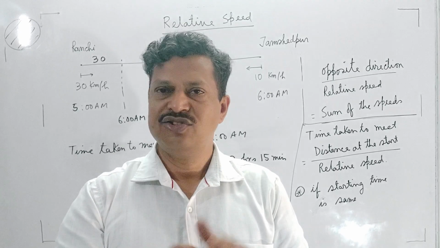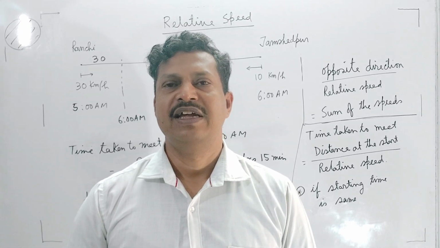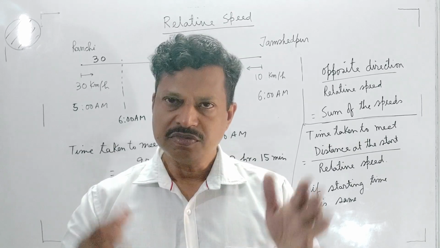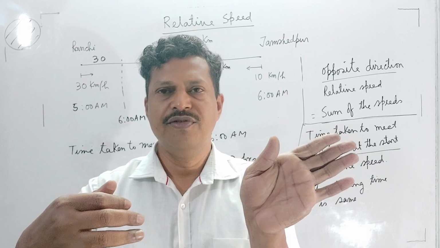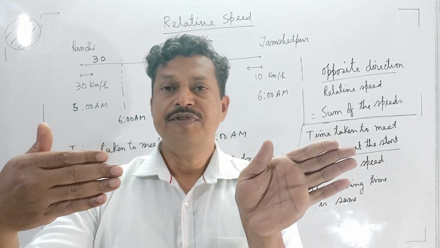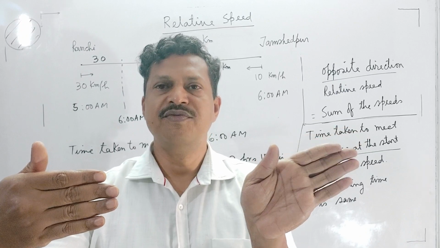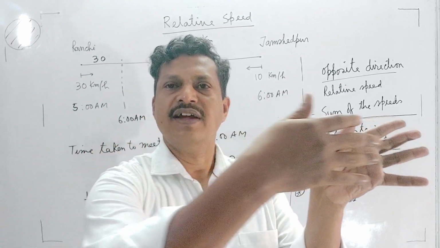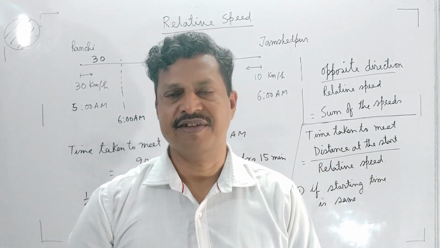Let me tell you more elaborately in a different example. Say you want to overtake a car. A car is in front of you, traveling. If your speed is more than the speed of the car in front of you, then only you can overtake. So overtaking means running in the same direction and meeting.